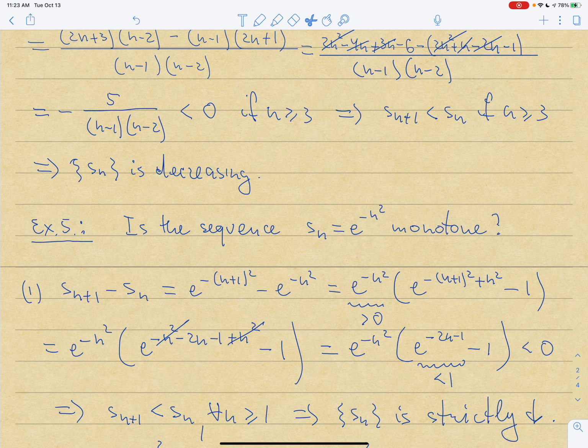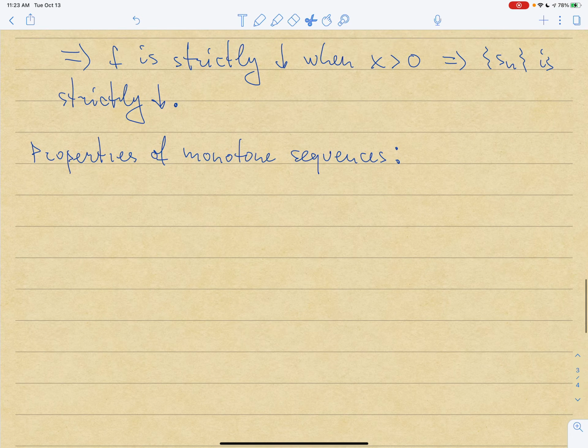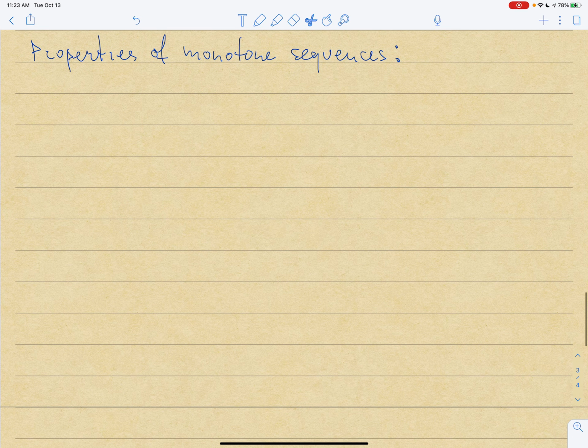Then the overall impression that we get from these examples is this: if you have a sequence which is monotone increasing and bounded from above, you would expect that this sequence has a limit. Or if you have a sequence which is monotone decreasing and bounded from below, then that sequence again will have a limit.